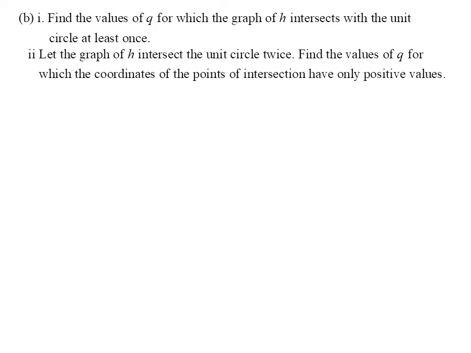Here we continue to solve question 9 of VCAA 2021 Math Method Exam 1 paper. As explained earlier, the first question of part B is to find the values of Q such that h of x intersects with the unit circle at least once.